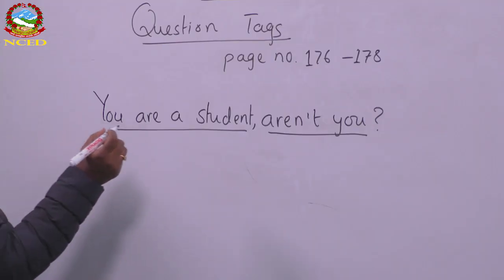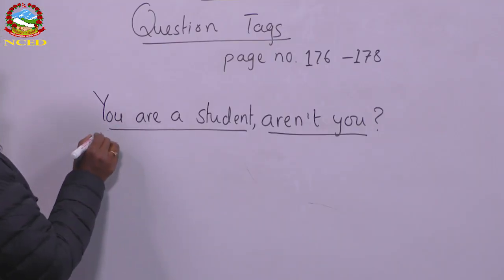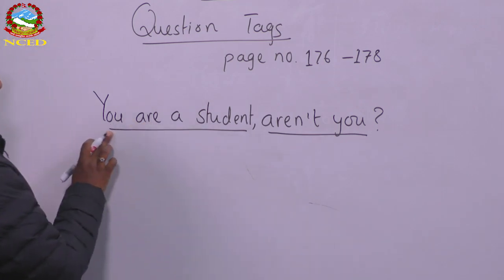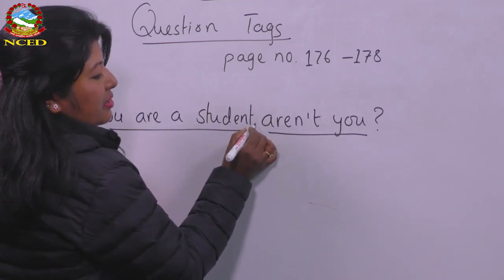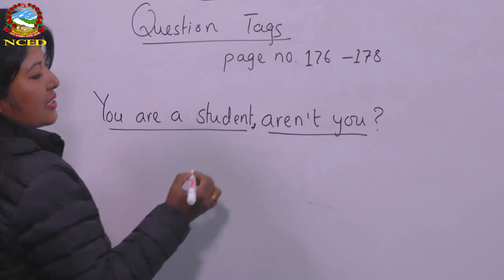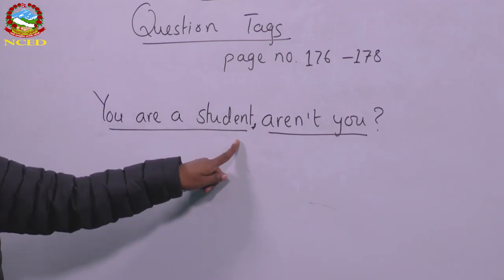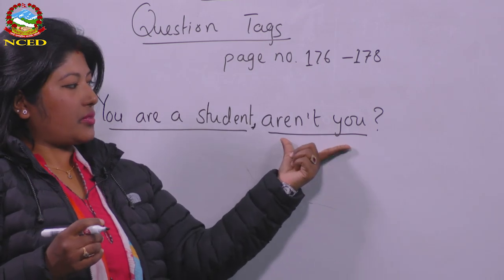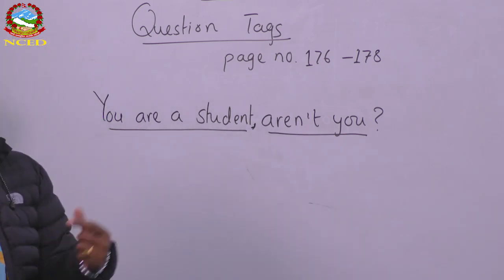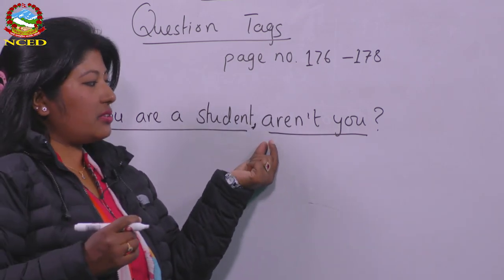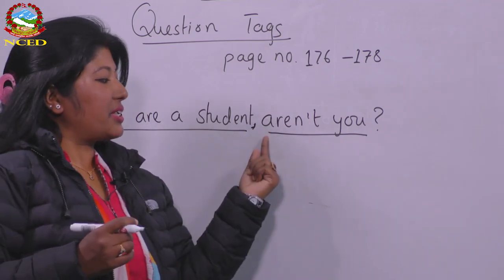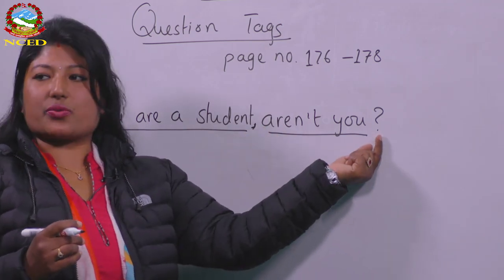so the statement part starts with a capital letter and ends with a comma, right? Can you see this? Comma. Whereas in the question portion, a small letter is used at the beginning and then it ends with a question mark.